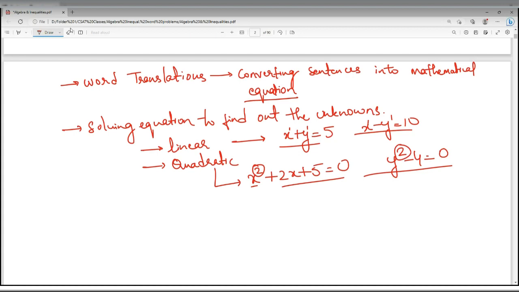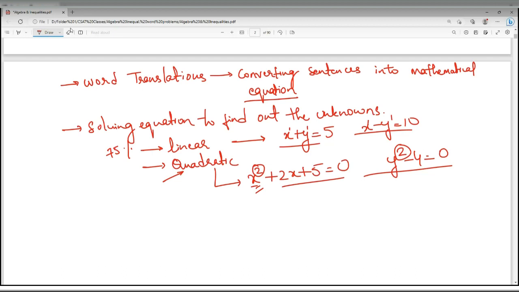Normally around 75% are linear equations itself, but sometimes you may have to solve quadratic equations to find out the variables. In solving linear equations, you would just line up the equations, eliminate one variable, and then find out the value of the other variable.